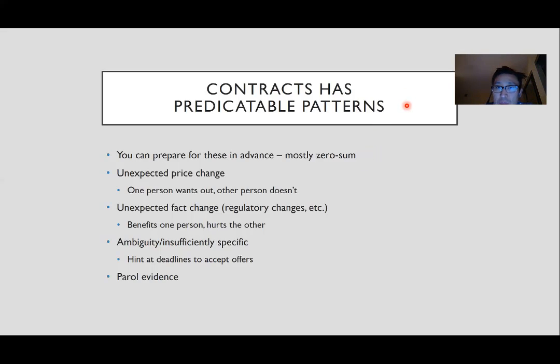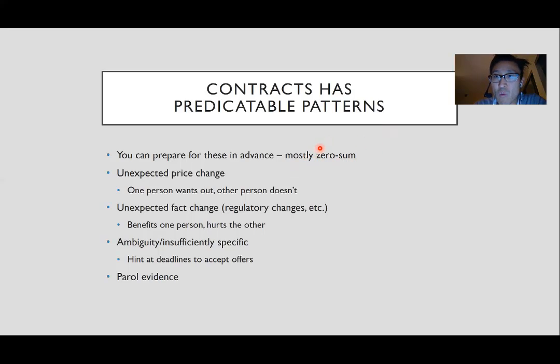Here's the last thing I wanted to mention about contracts: there are some patterns that you can discern. Now, there's a huge array of different contract fact patterns. But the thing to realize is these are mostly zero-sum situations.